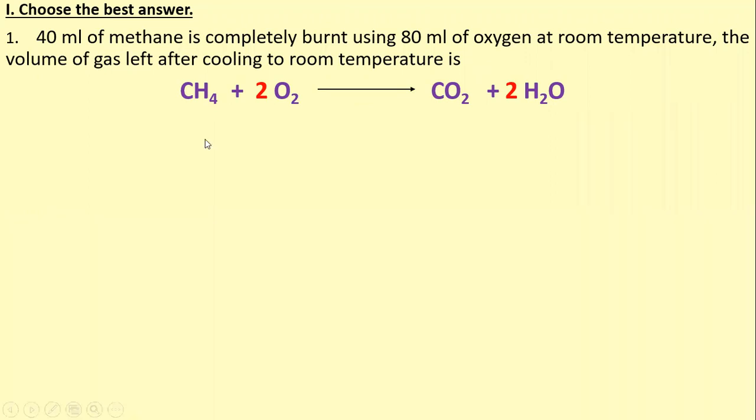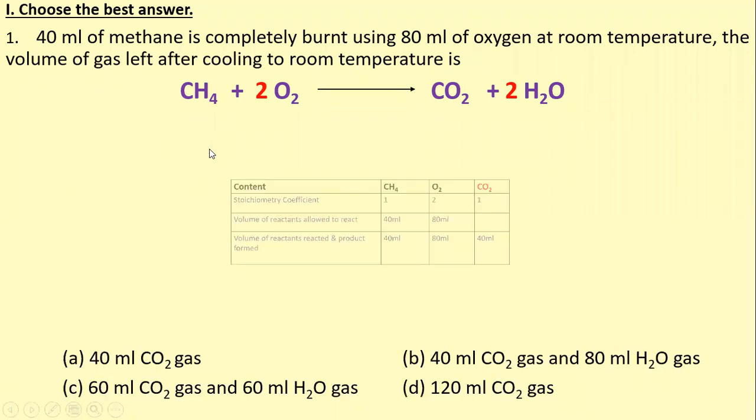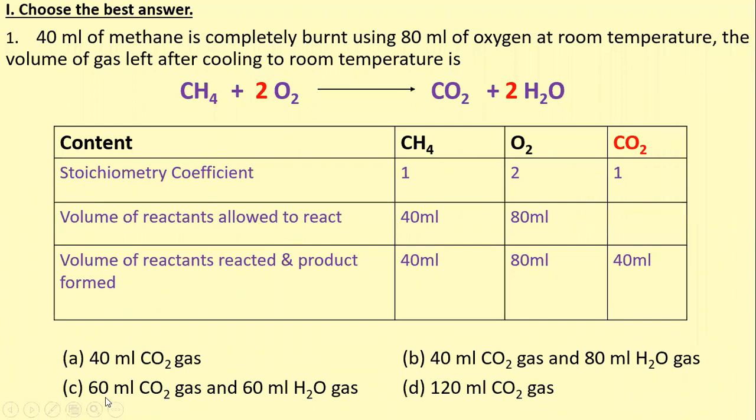See now, the options given in your book are these 4 options. For your understanding, I have framed the solution in tabular column form. Actually, this problem is based on stoichiometry. Now we have to find the coefficients.